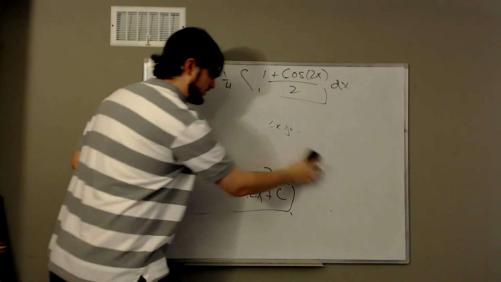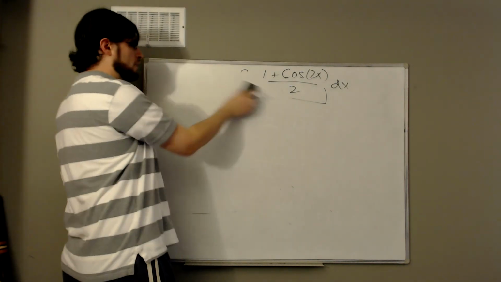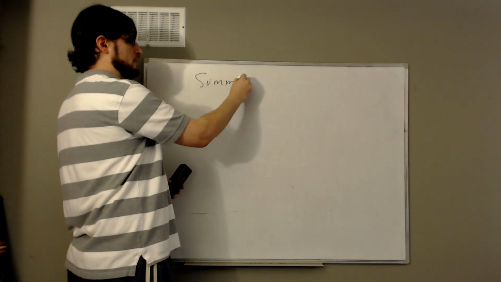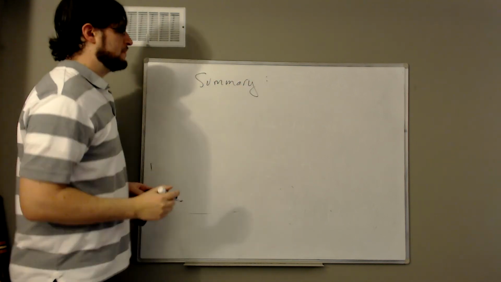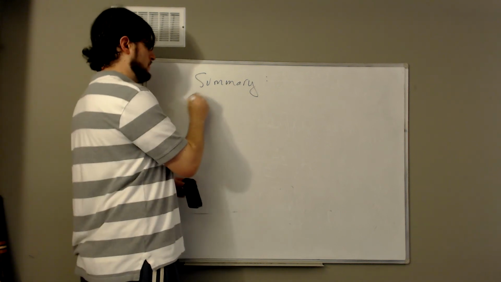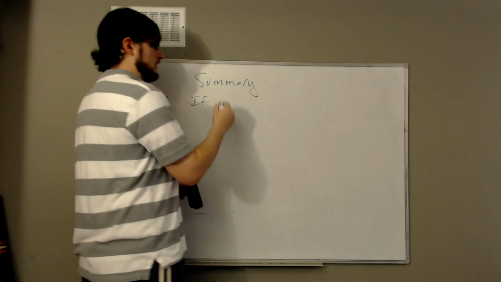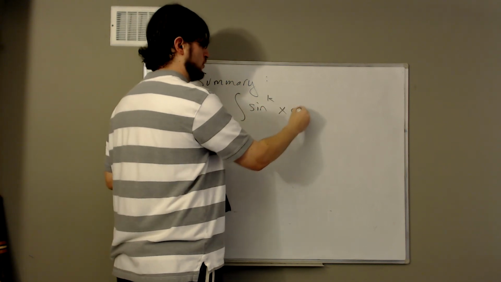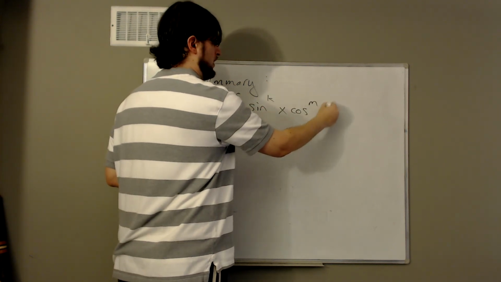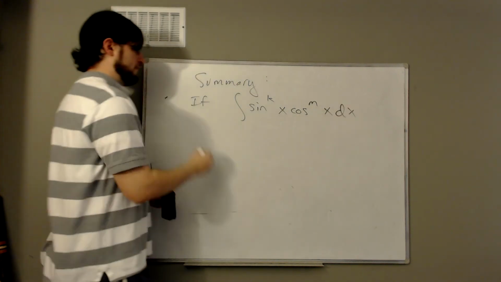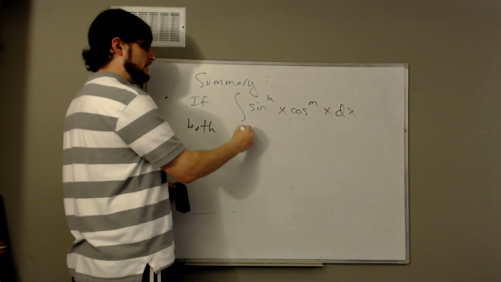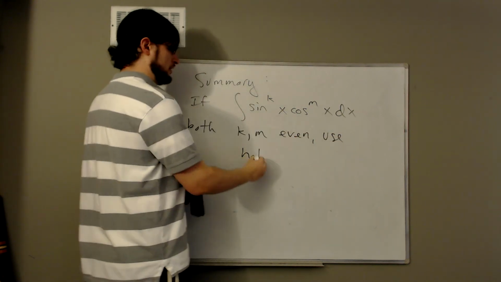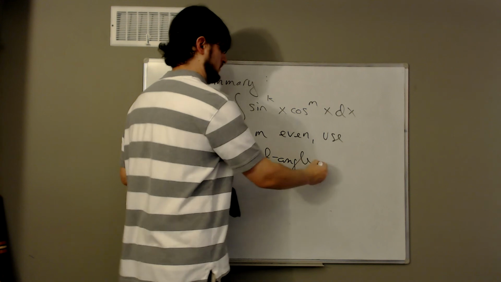So just a quick summary, and then that's really all we need to say at this point about this section. Summary. If we're looking at sine to the k x cosine to the m x dx, if k and m are both even, we use the half-angle formulas.